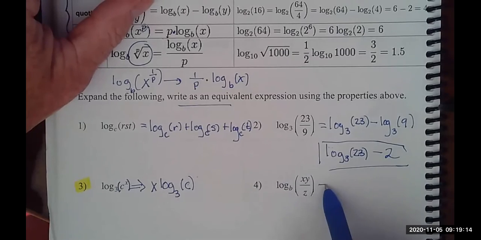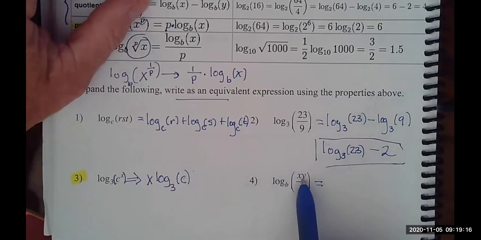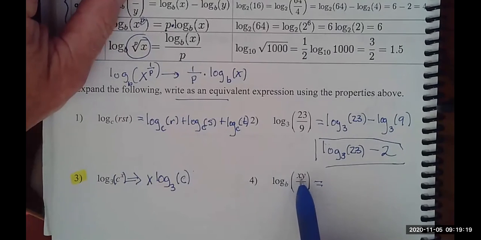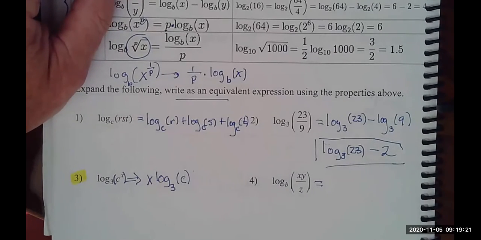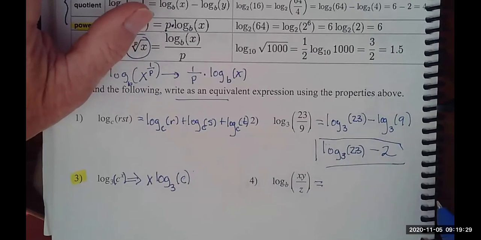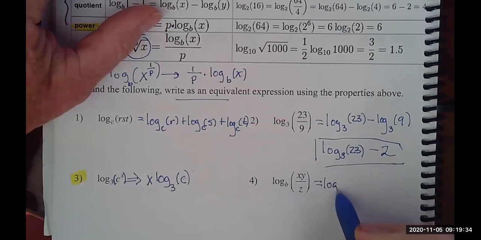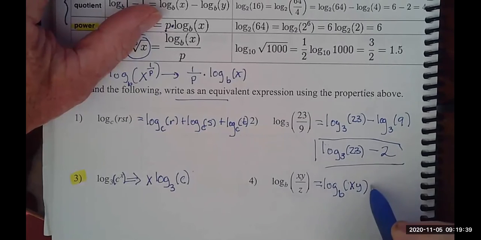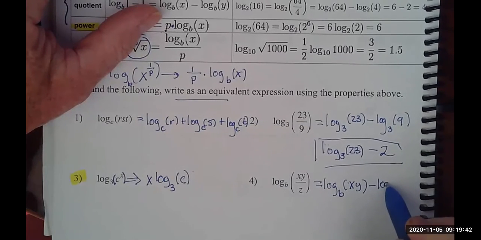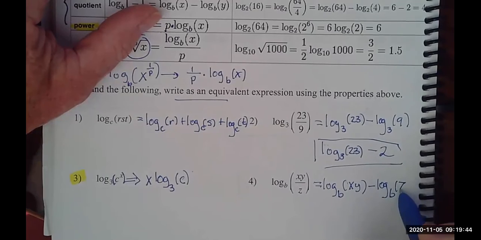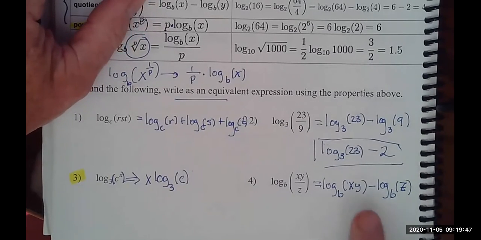All right, this one has a combination of a couple things. You've got a product, so the numerator is going to be separated out as a sum, and the denominator, you're subtracting that at the end. So if I did this in two pieces, maybe if I did the quotient first, I would do log base b. Here's your numerator piece, minus, and then you separate this out.